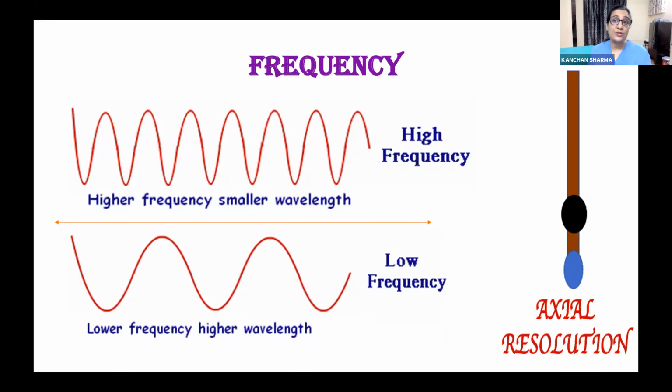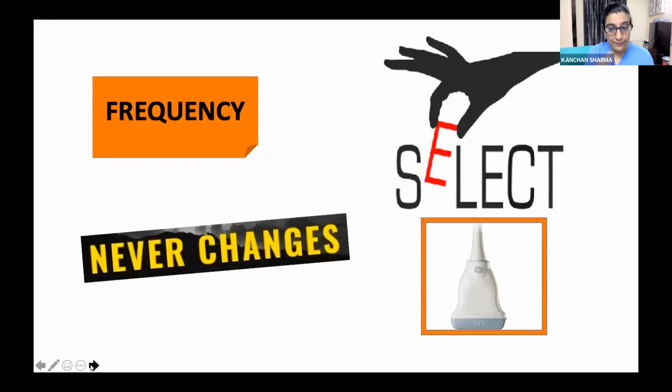And a person who is running very slowly is going to conserve energy, and with that energy he will be able to run a longer distance. So high frequency ultrasound waves are going to have more attenuation, and low frequency waves are going to have less attenuation. This is what you need to remember.